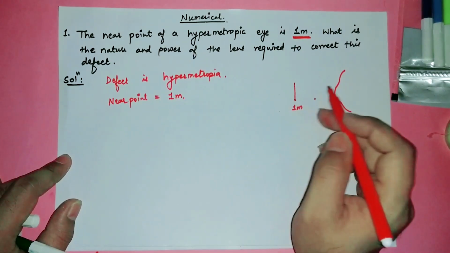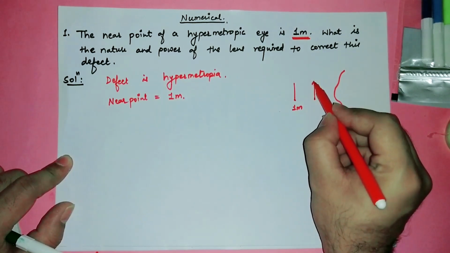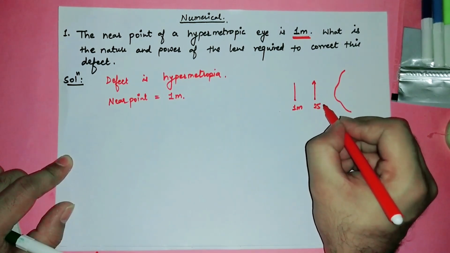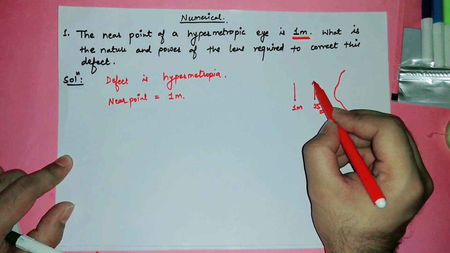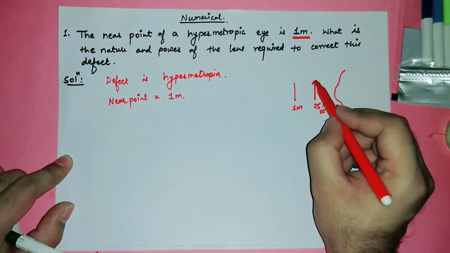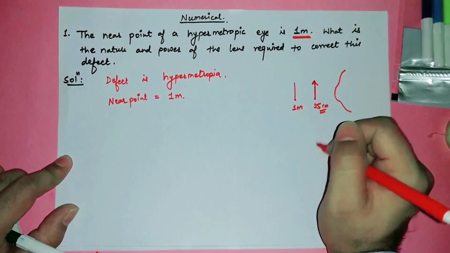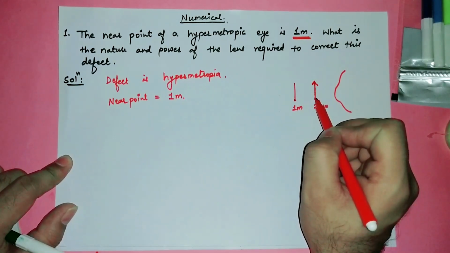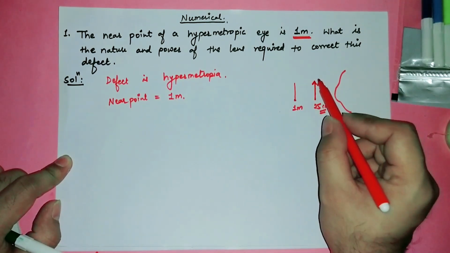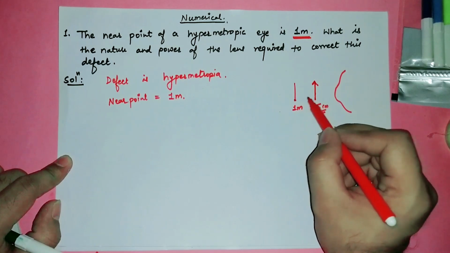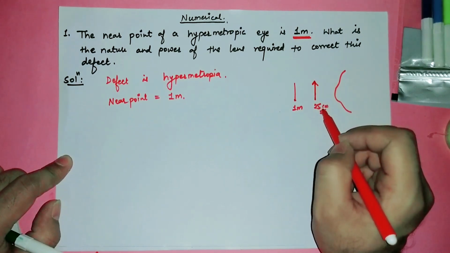What we want in this question is that an object placed at 25 centimeters can be seen, because the near point of a normal eye is 25 centimeters.